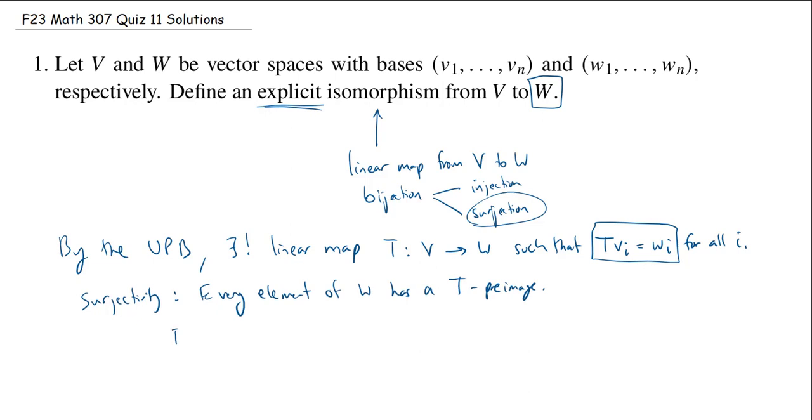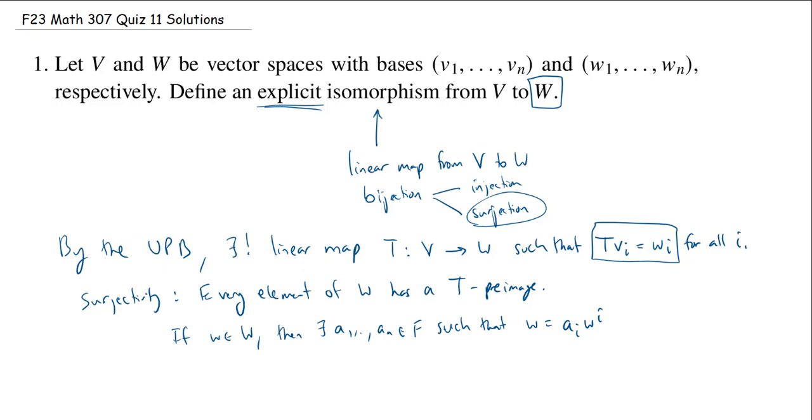If w is an element of W, then we can use Einstein notation, and we know that we have a basis. So there exist, say, a1 through an in F, where we're assuming V and W are vector spaces over some field F, such that w is equal to a^i w_i. Again, I'm using Einstein notation here. This says w is this linear combination of the basis vectors.